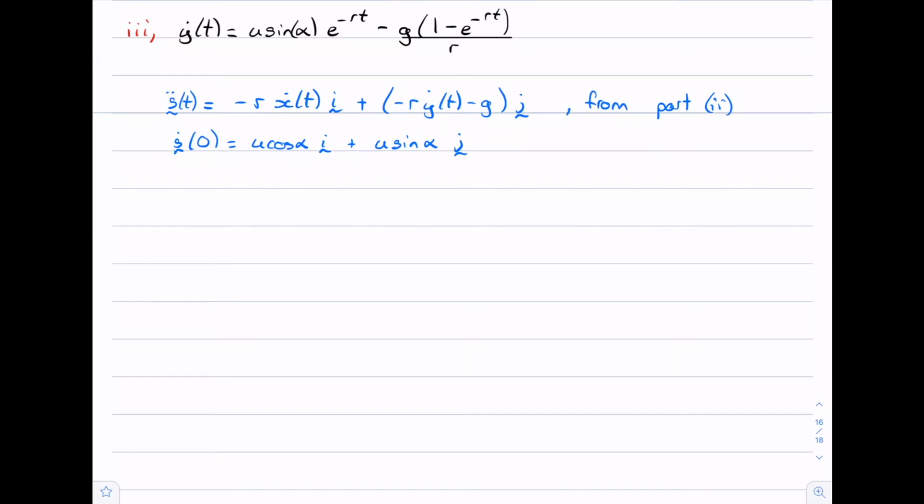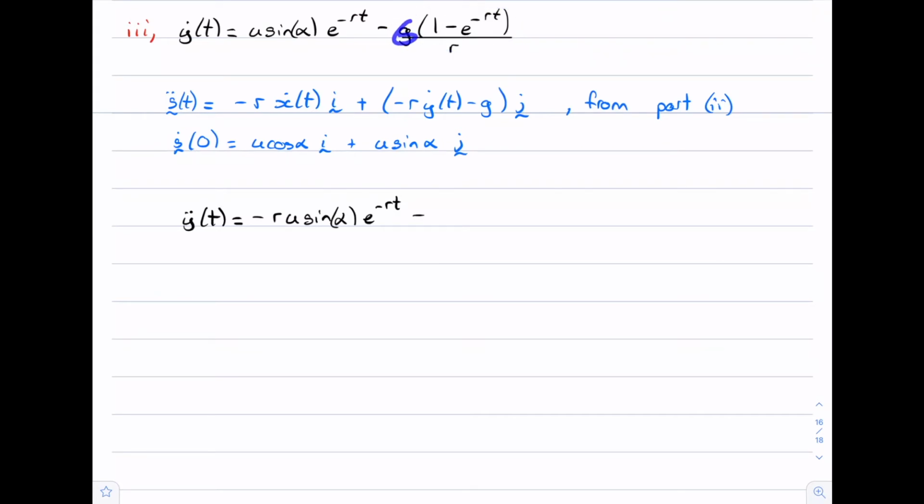So let's differentiate. Y double dot of t equals, now differentiating this first bit here, u sine alpha is a constant, it's got nothing to do with t. So when we differentiate it, we're really just differentiating this, and that brings down the minus r. So minus r u sine alpha, we don't need a bracket, e to the minus rt, minus, now we want to differentiate this bit.